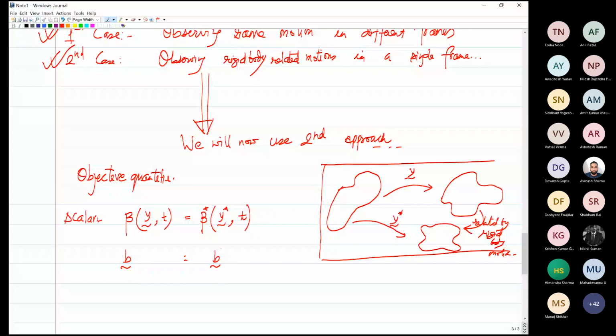If b star turns out to be equal to Qb, then we'll say that b is an objective vector quantity. And for tensor, for example, if we have A for the motion y, and A star for the motion y star, then we'll say that if it has to be objective, then it must be related in the following way.